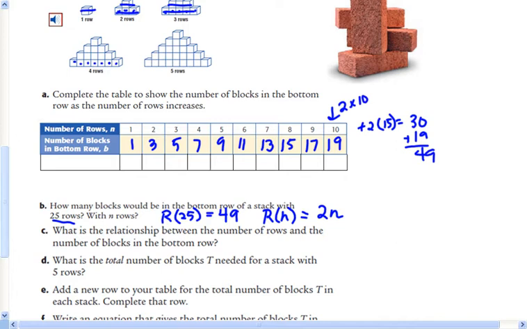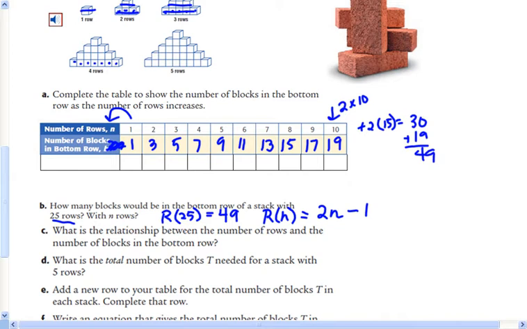Or if you think about writing equations here, if you go back to the 0 row here, I would need to subtract 2. And 1 minus 2 is -1. So on the nth row, I'm going to have 2n minus 1. All right. Now, if I wanted to know how many would be on the bottom of the 100th row, I would just do 2 times 100, which is 200 minus 1 is 199.